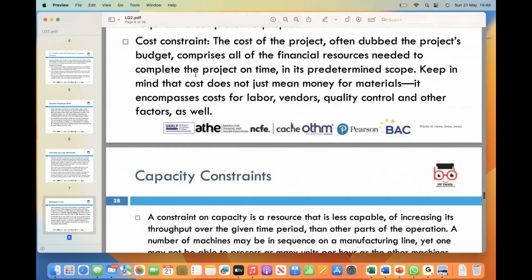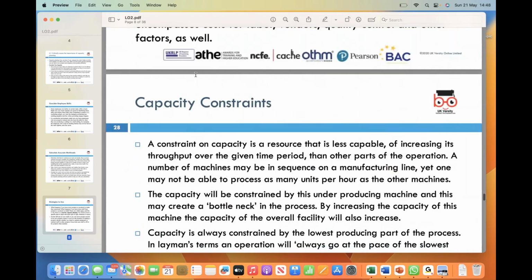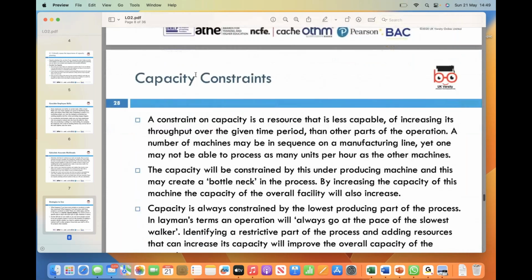Capacity constraints. In simple terms, a capacity constraint refers to a resource within a process or operation that cannot increase its productivity as much as other parts of the system. Let's say a manufacturing line has several machines working in sequence.